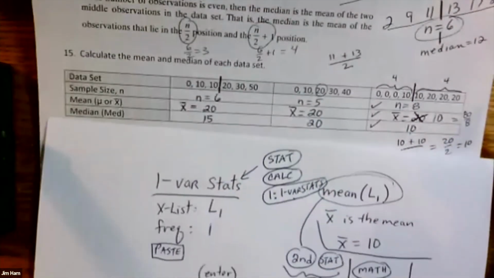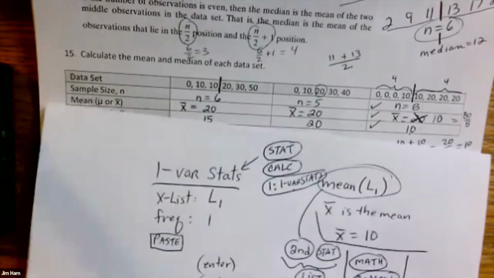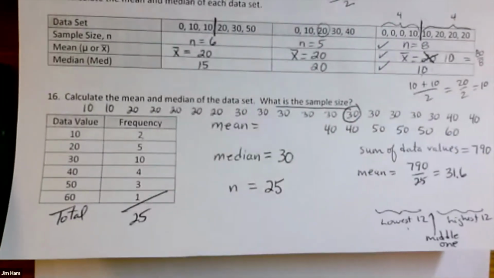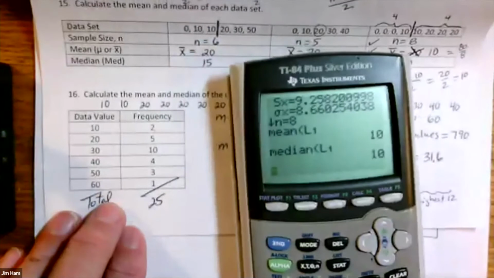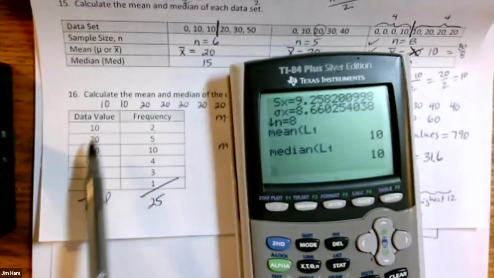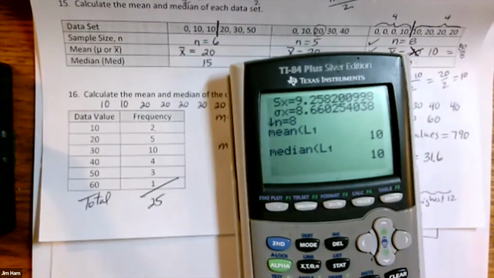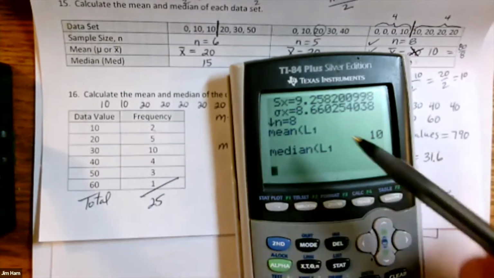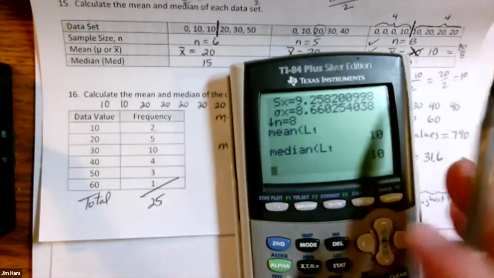But when we're working with messy numbers or with large data sets, we definitely want to go to the technology. Okay, one other example, and it allows us to deal with a data set where they're giving you a frequency distribution like this. What we're trying to find the mean of are the data values in L1.